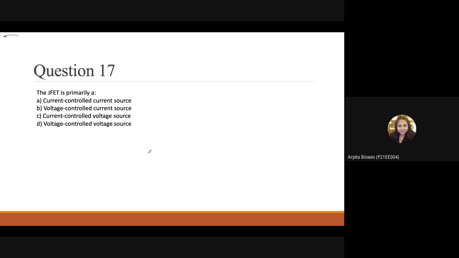This is the question number 17. The JFET is primarily a current controlled current source, voltage controlled current source, current controlled voltage source, or voltage controlled voltage source.